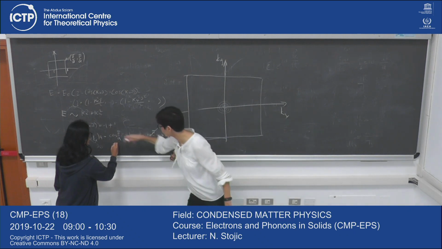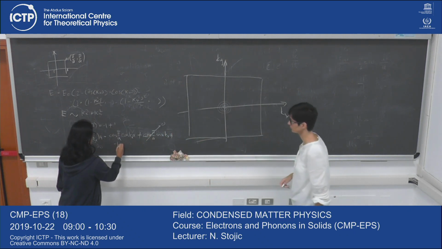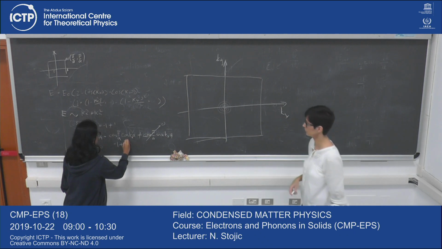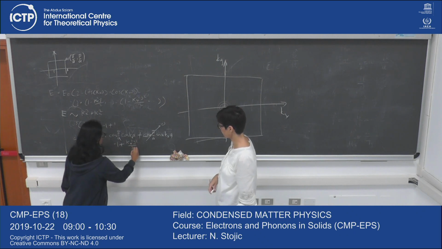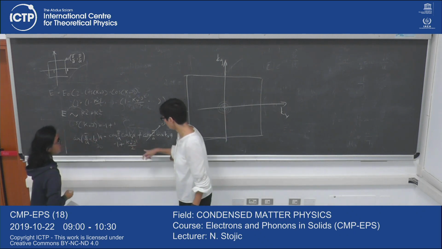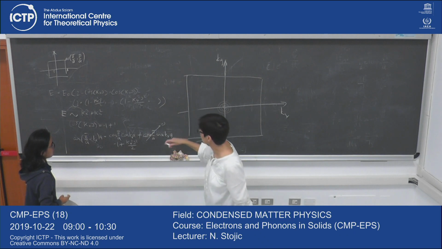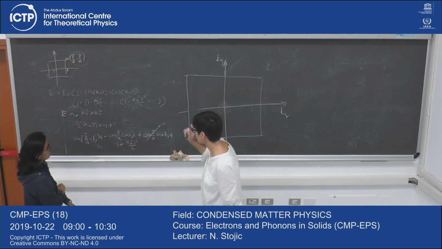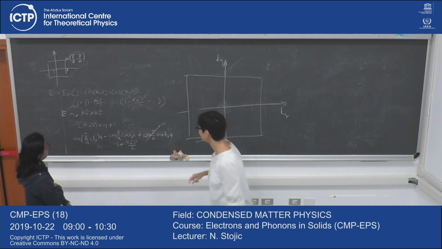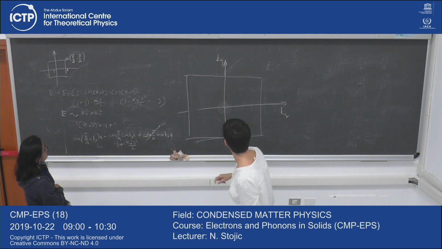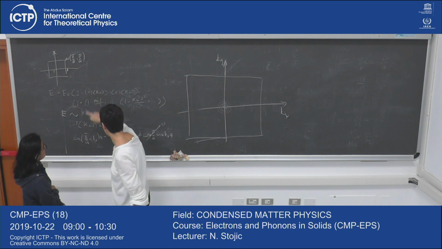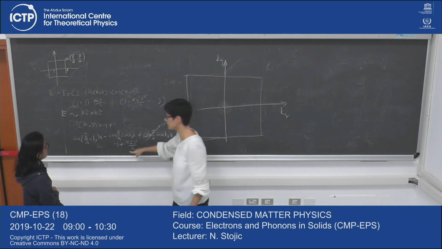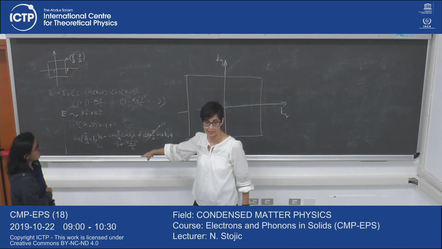This is minus 1, so it's cosine pi. You will get this, and it enters with a minus cosine sign. So this will be 1 minus kx squared minus ky squared.